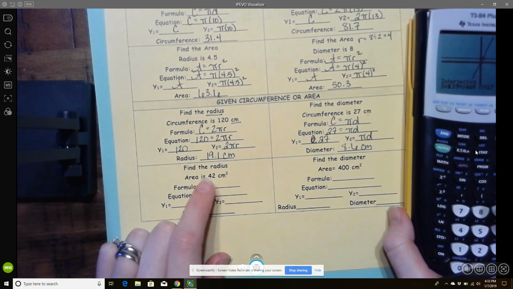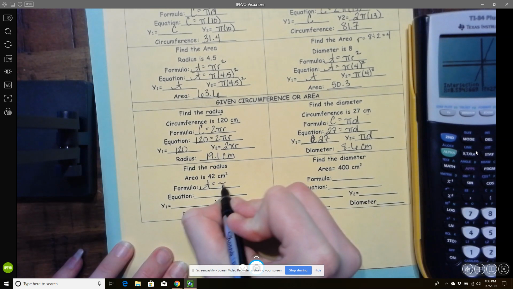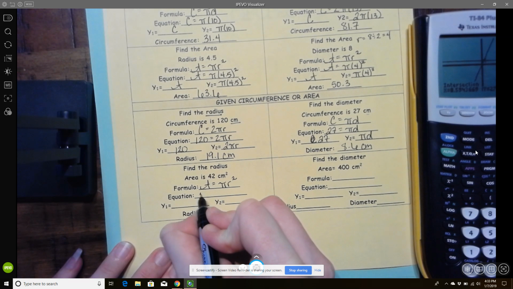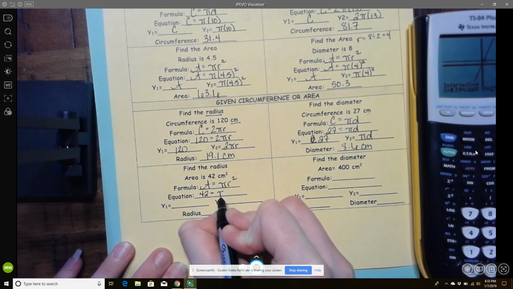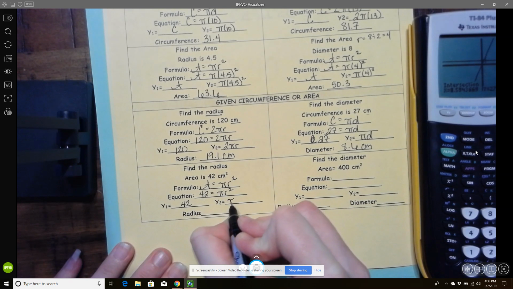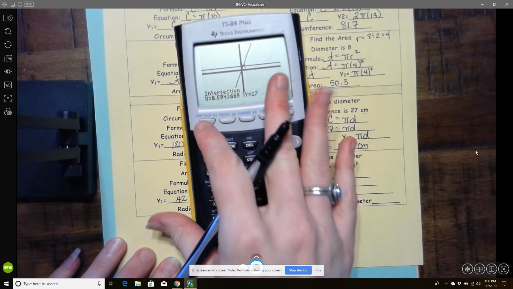All right, now we're going to find the radius, and we've got area. So area is pi r squared. So I have the area, so I'm going to plug that in for my A. So y1 would be the 42. y2 would be pi r squared.